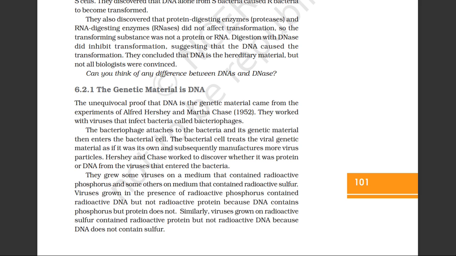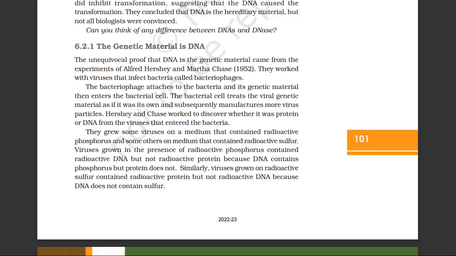Viruses grown in the presence of radioactive phosphorus contained radioactive DNA, but not radioactive protein, because DNA contains phosphorus but protein does not. Similarly, viruses grown on radioactive sulfur contain radioactive protein, but not radioactive DNA, because DNA does not contain sulfur.